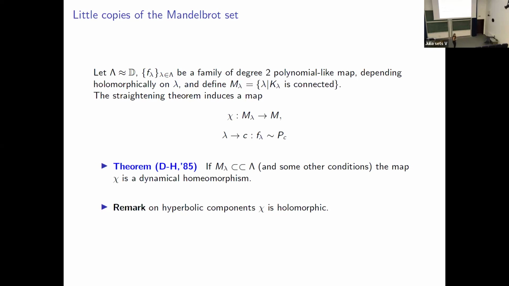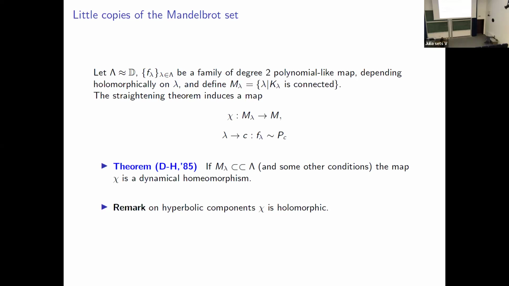And then the uniqueness in the straightening theorem of the previous slides allows us to induce a map between parameter planes that goes from M lambda, the connectedness locus of the family of polynomial-like maps, to the Mandelbrot set. Why? Because to each parameter lambda here, we have a unique polynomial associated to it.